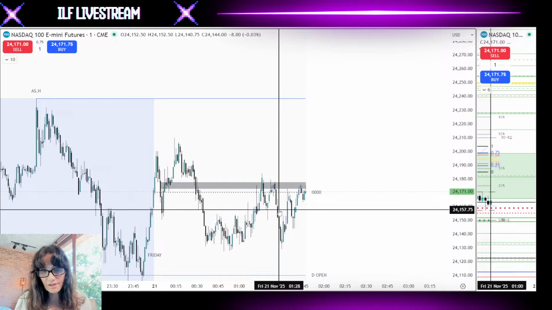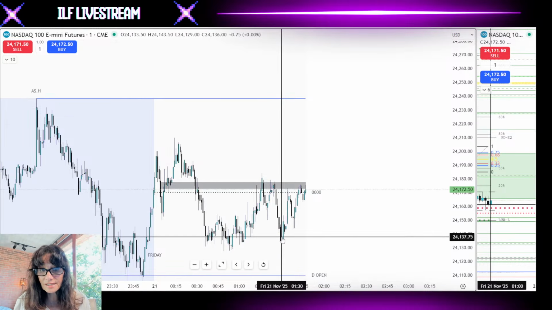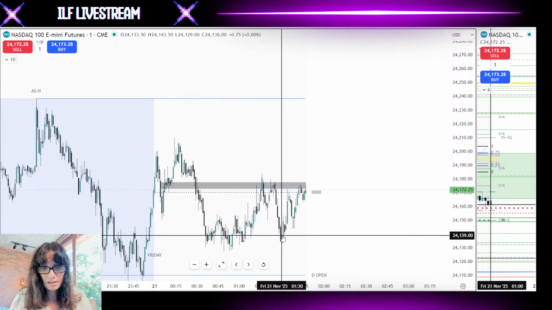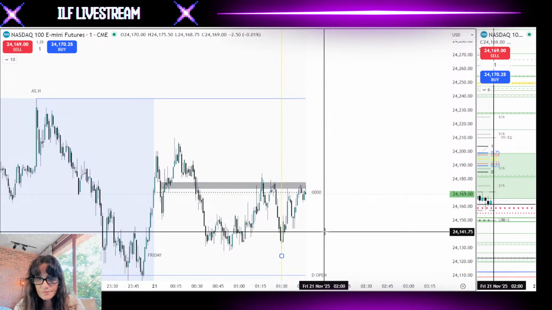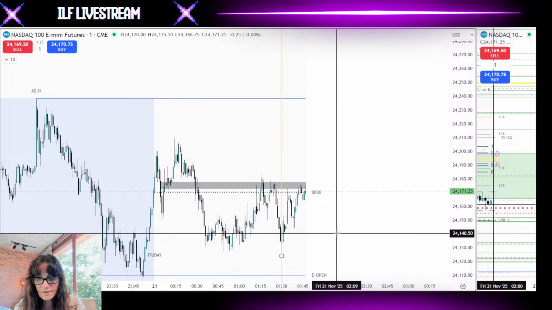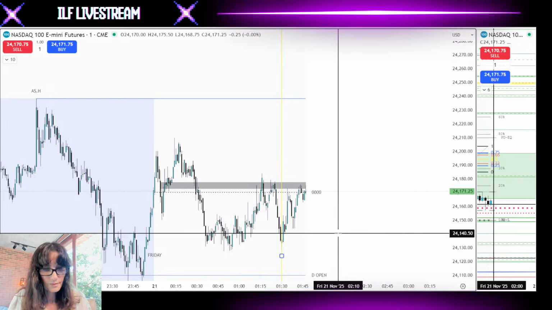That's exactly what I missed yesterday, why I should not have had a higher bias. Here we go, and the 2:10. I'm just going to mark the whole area, the 1:30 to 2:10. We'll let that run.